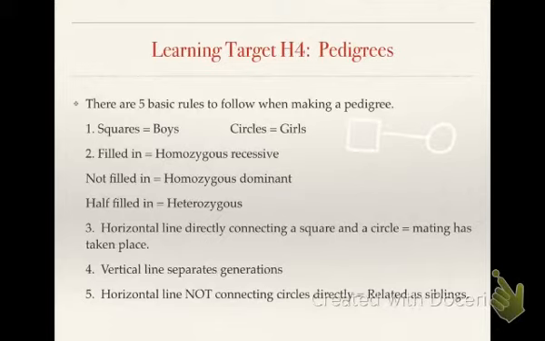Those two people are mating and making babies. These two people on a pedigree are related as siblings. There's a big difference. Don't get the two lines confused. If the line directly connects them, that means mating has taken place. If the lines drop in from the top, it means they're siblings. So that's a huge difference.